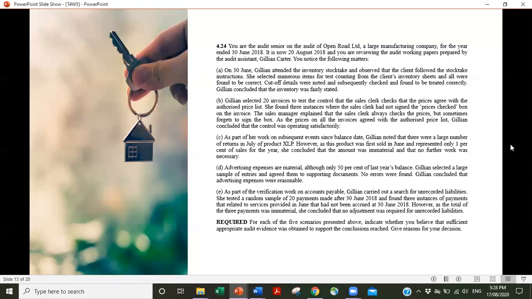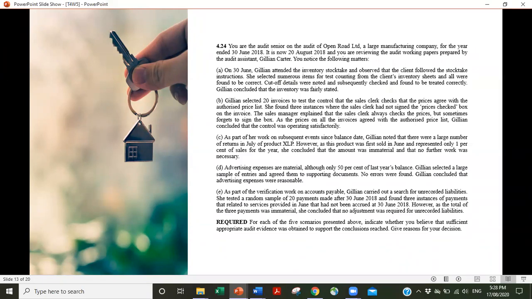All right, now 24 is the next one. Let me just turn over the page. 24 has 5 questions for you to think about as the auditor.